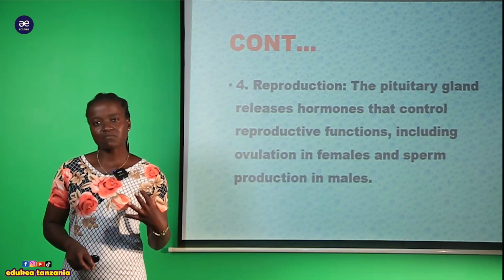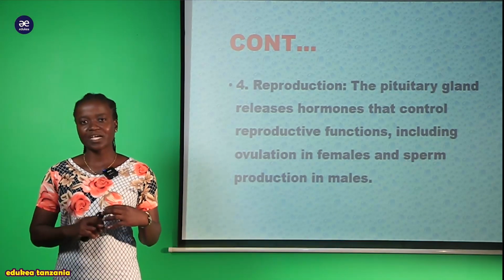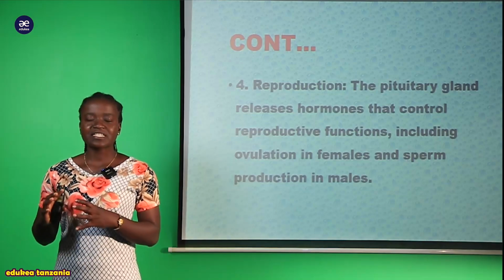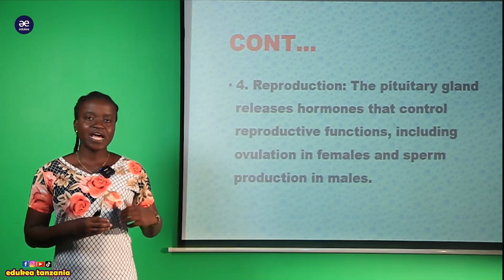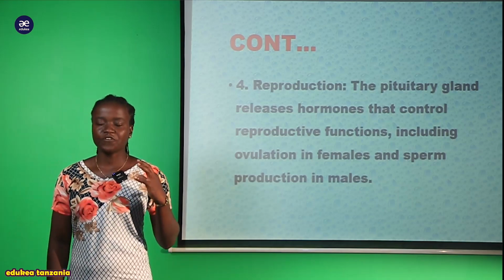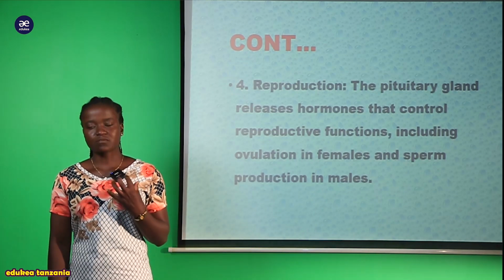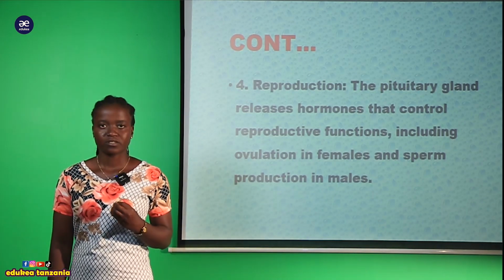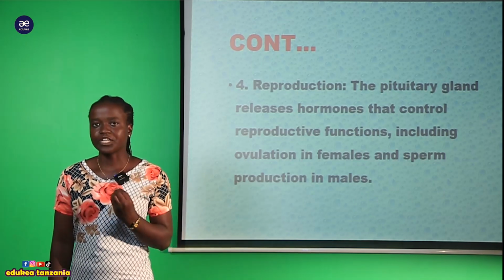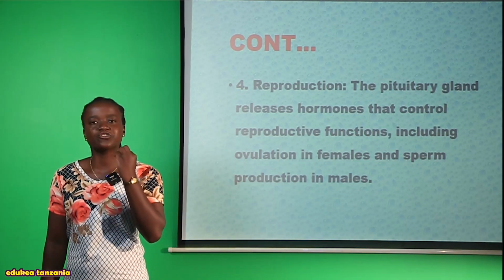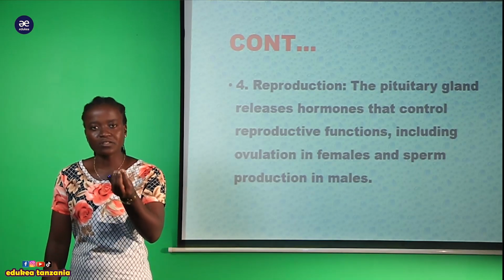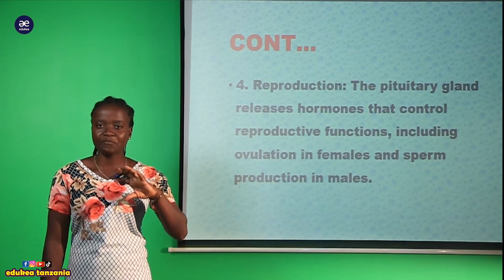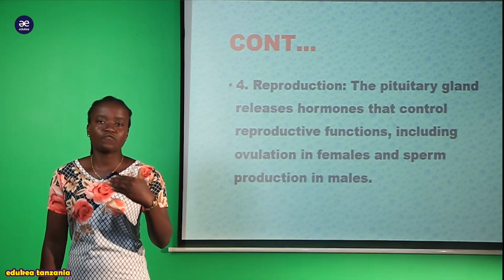Kwa hiyo sasa tunaweza kusema kwamba hii pituitary gland inatumika sana kwenye ku-enhance different kinds of reproduction purpose which are occurring within an organism. A good example in the female, tunasema kwamba there is ovulation. The ovulation is due to the presence of this pituitary gland that releases its content within the female body so that it can cause ovulation.